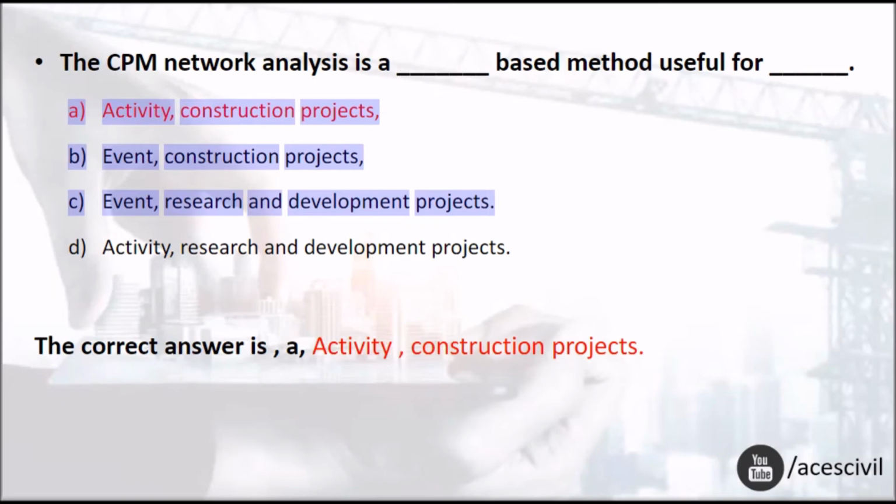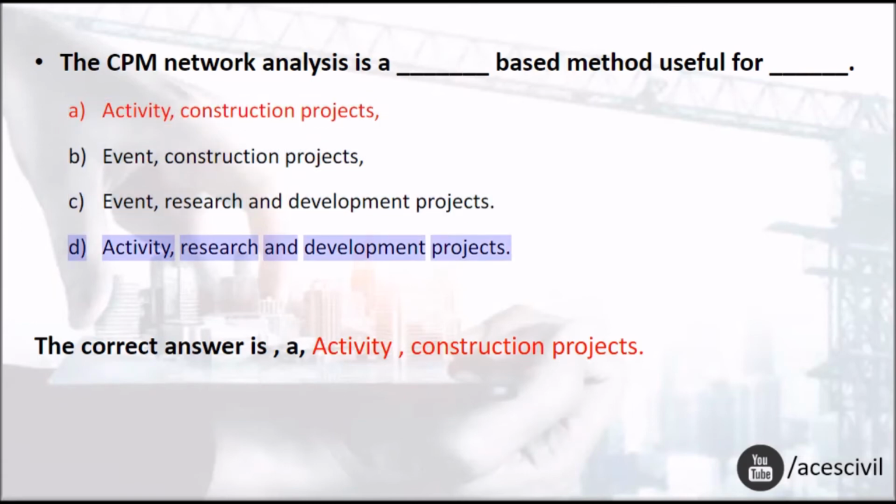C. Event, research and development projects. D. Activity, research and development projects. The correct answer is A. Activity, construction projects.